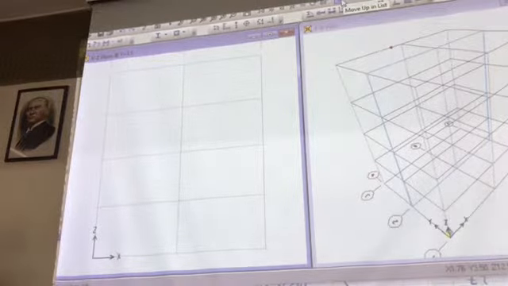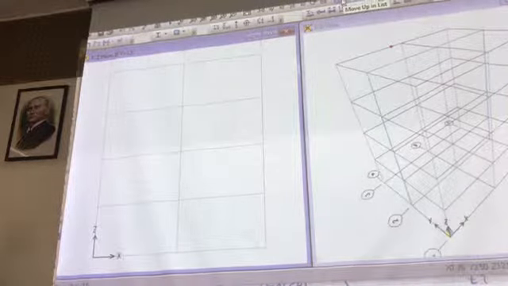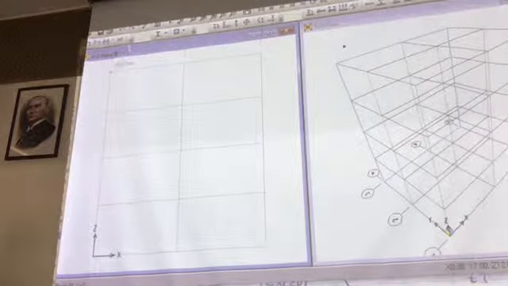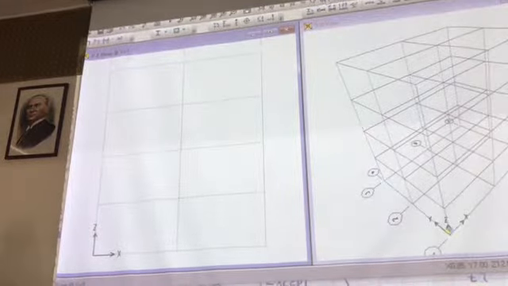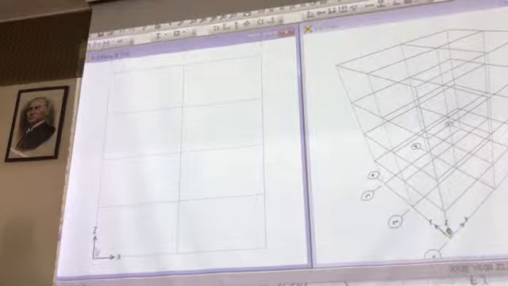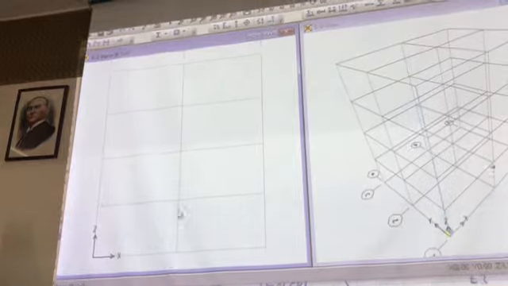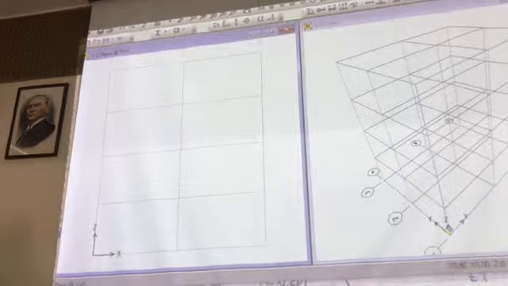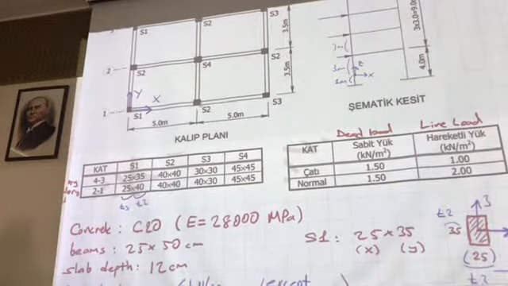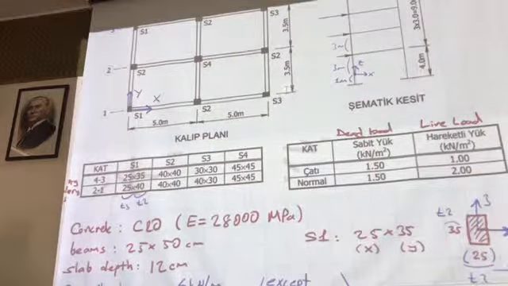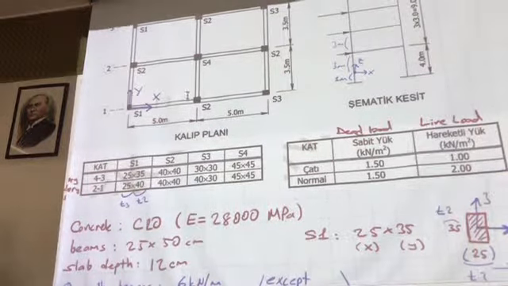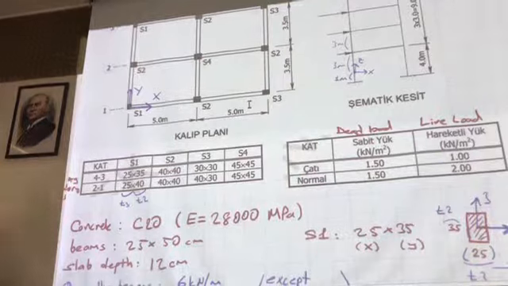Now you can switch between different levels of Y here. This is at Y equals 7. This is at Y equals 0. This is XZ plane. This will be S1, S2, S3, right? This is the plan view of XZ plane.